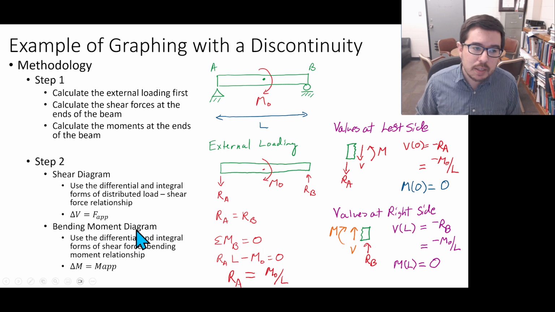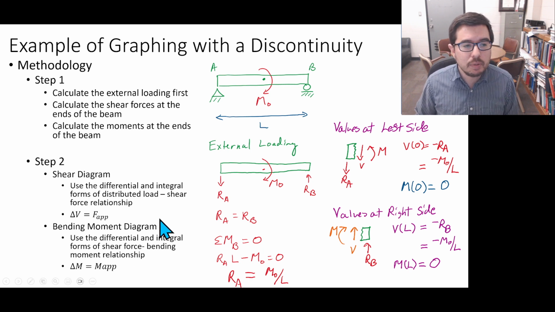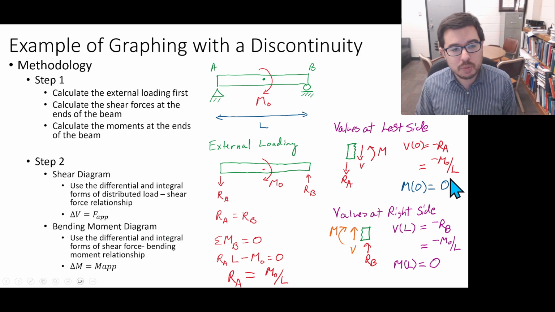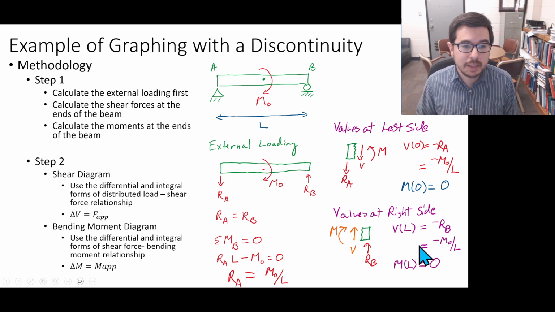So let's go ahead and continue. We're going to copy our relevant parameters to the next page. Some of the relevant parameters will be: what are the internal bending moment and shear force at the left side? What are the internal bending moment and shear force at the right side?